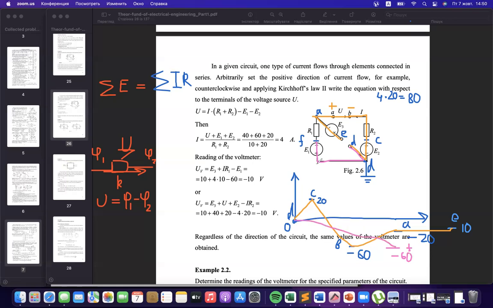Then current flows in this direction. We move in the opposite direction of current, so the potential increases by the value of I multiplied by R1: 4 multiplied by 10 equals 40. We will move to the point minus 20.